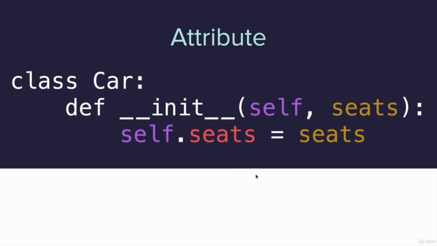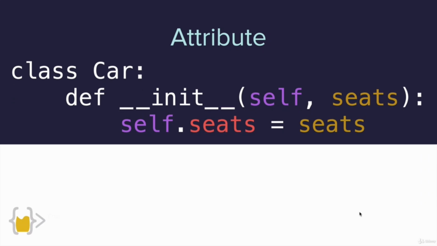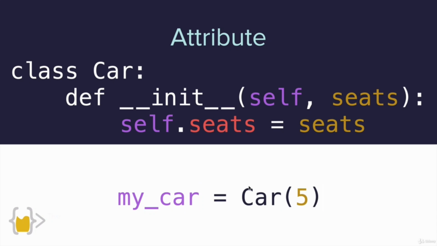This is what it would look like when we actually call our constructor. We know that we can create an object by calling the name of the class and then adding the parentheses. But if inside our init function we have some additional parameters, then we can also pass in data to those parameters, which will be used to set the attributes for that object.